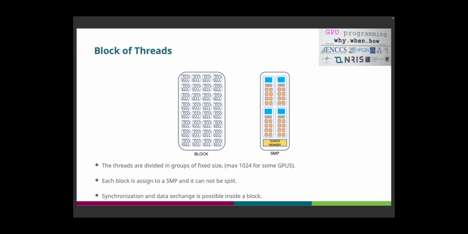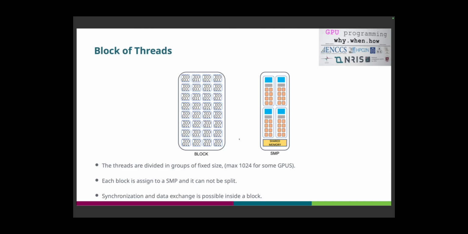And also, as a consequence of this, since the grouping of the threads in warps and blocks is because of the hardware, a block is created when the kernel is launched, and then it's assigned to one of the SMPs. And then it cannot be split, cannot be moved to another SMP.